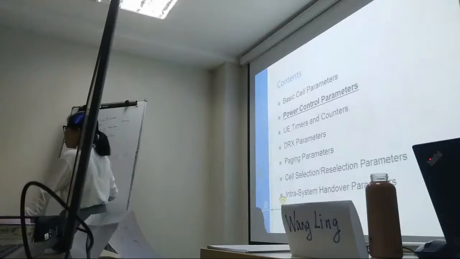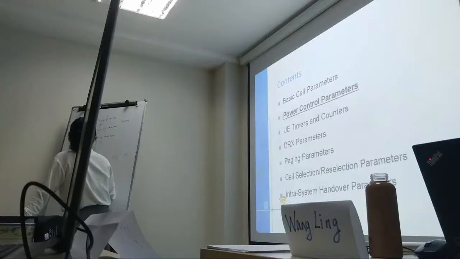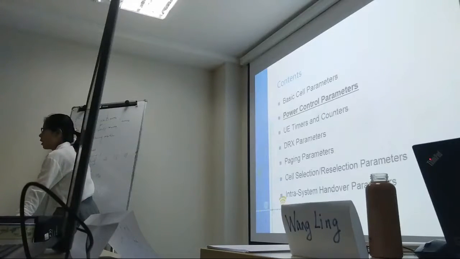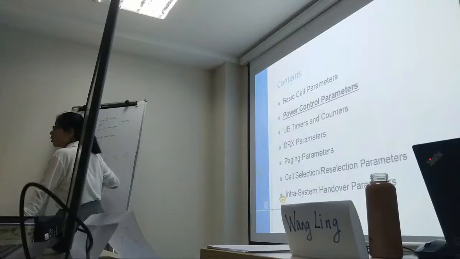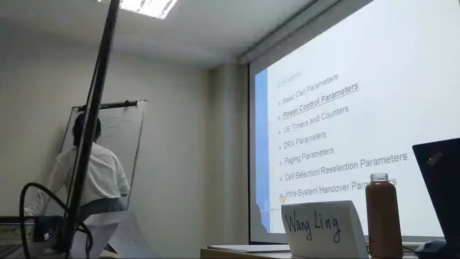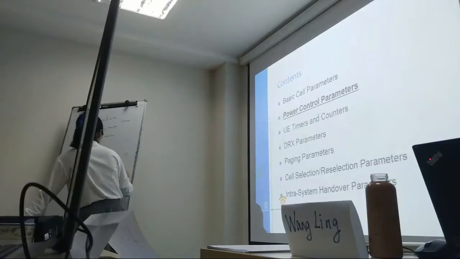That is, if I find a neighbor cell whose RSRP, and this neighbor cell is for the secondary carrier, is greater than the serving secondary cell by one threshold, we use T6.